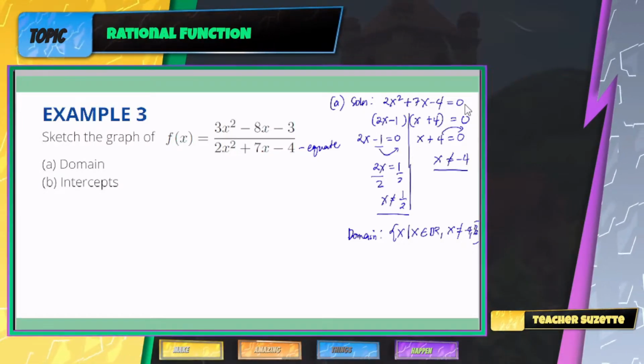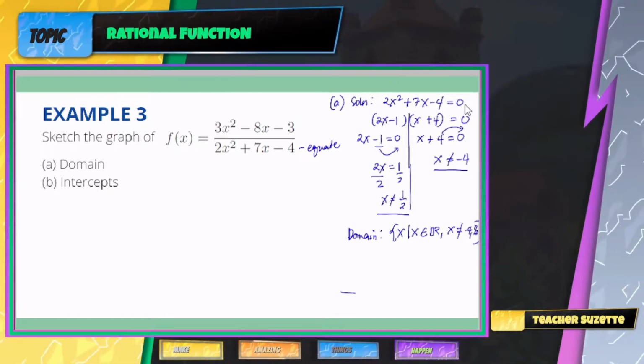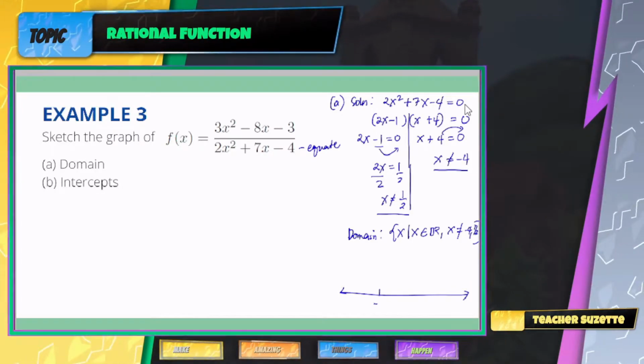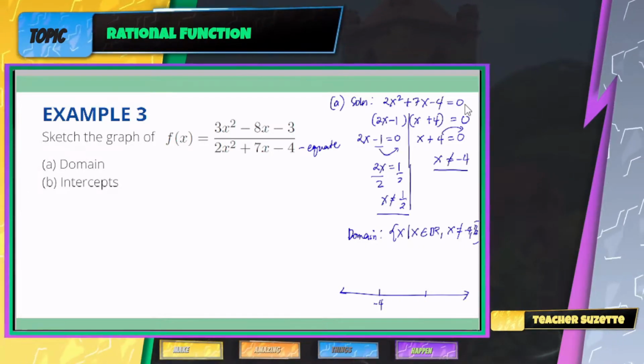What if we represent our domain in interval notation? Again, when you draw the number line, here is our negative 4 and here is our 1/2.